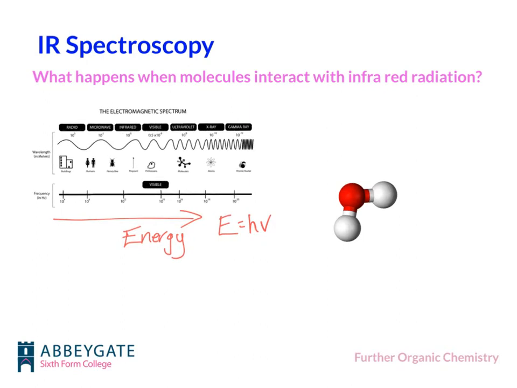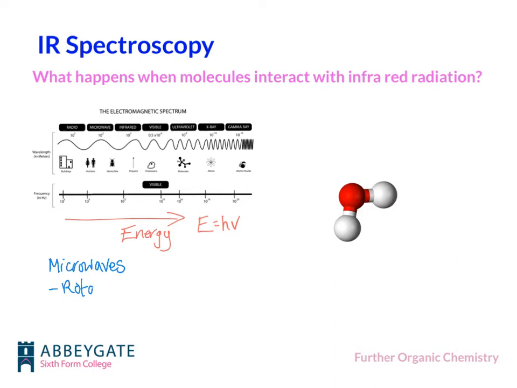Now, if the water molecule gets targeted by or interacts with radiation that's fairly low energy, something like microwaves, then our water molecule will actually start to rotate. And that's how microwaves in fact even work, by making water molecules rotate.